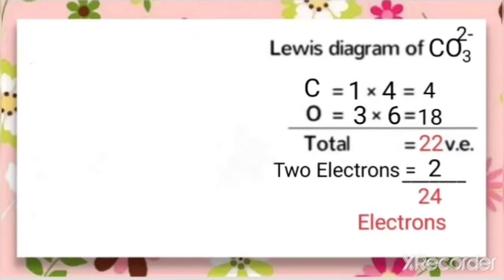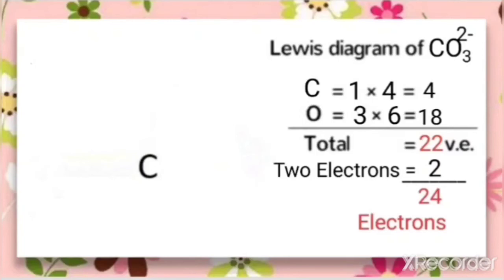Which is the central atom here? C is the central atom because there are 3 oxygens and 1 carbon. I told you that the central atom is usually the single atom present in that molecule or species.